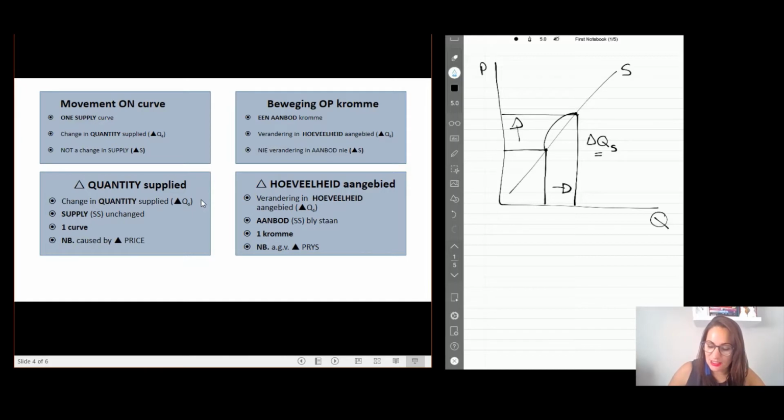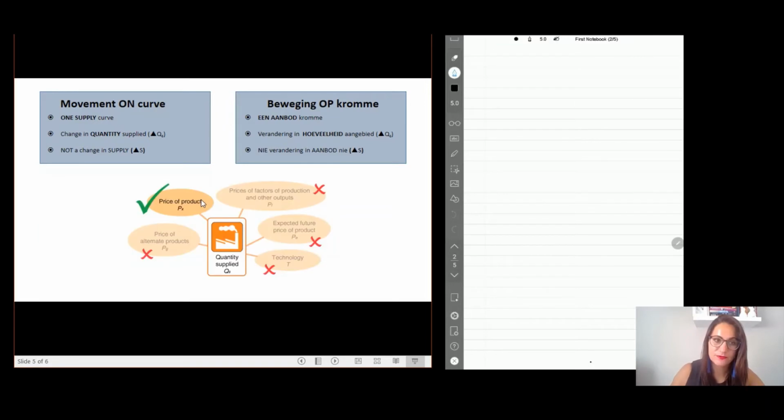So again, it's only due to a change in price. So if the price of a product changes, it's a movement on the curve, and that will result in a change in quantity supplied. So again, it's none of the other determinants that is involved, it's only the price of a product. That is the movement on the curve.